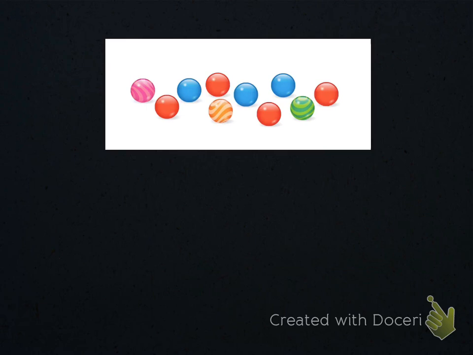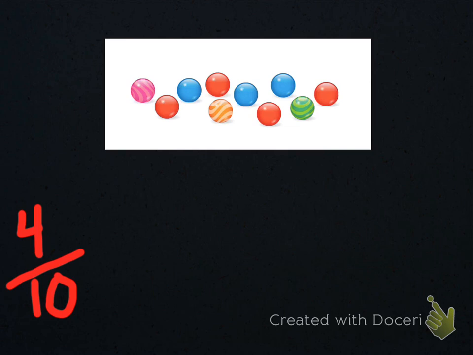So if I count up all of these marbles, I see that I have 10 marbles. Therefore, I know my denominator is going to be 10 each time because that is the total number in the set. Now, if I asked you, what fraction of these marbles are red? You would count up the red marbles and you would see that there are 4. So 4/10 of these marbles are red.